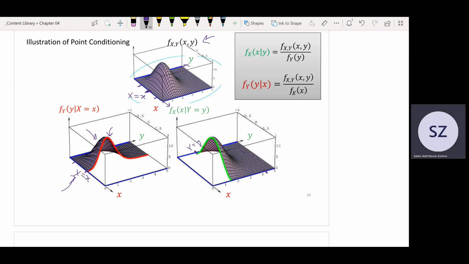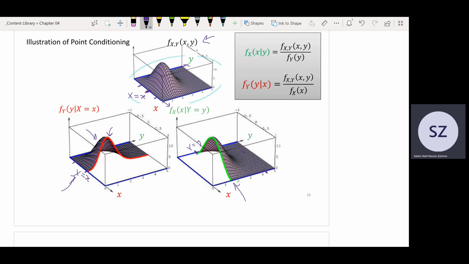Similarly, when we try to find the PDF of x given y equals a specific number, it is as if you are taking a snapshot when y equals this specific value. So how will the PDF of x look like when y equals this value?